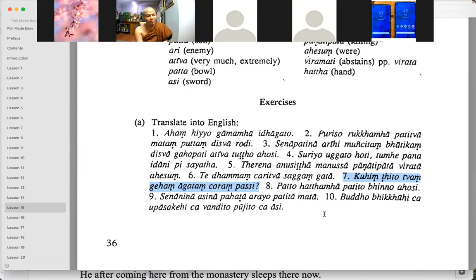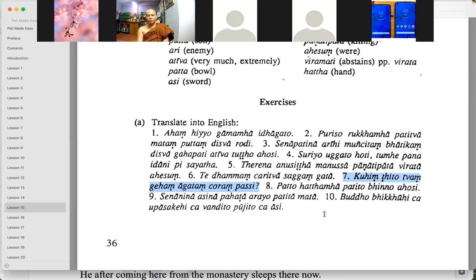Okay, Hadu. Yes, Bante. I would just like to try a little bit. Okay, no problem. Number 7. Kuhiṃ tiṭṭhanto tvaṃ gehaṃ āgataṃ coraṃ passasi. Kuhiṃ is where, tiṭṭhanto is stand, a participle of tiṭṭhati. Tvaṃ is the singular second person pronoun. Gehaṃ is accusative singular, to the house.